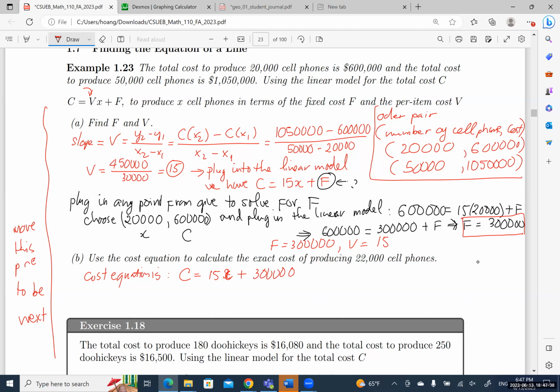And then we have 22,000, so X equals 22,000. Plug that into it.